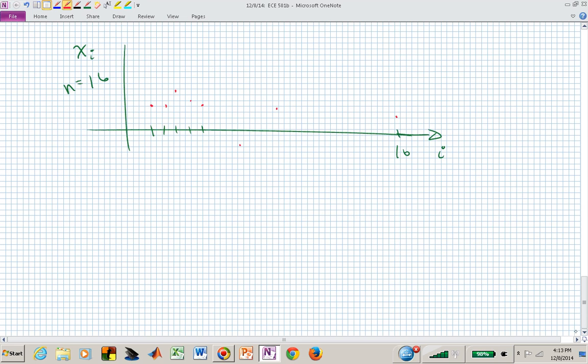And as we let little n get larger and larger, and in the limit as n goes to infinity, we start to get a smooth curve or a function. As n goes to infinity, we keep zooming out.